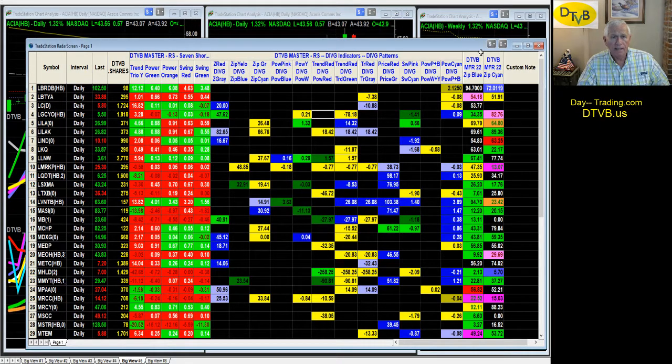You obviously have scans, and scans will do the same thing. It takes a couple of minutes to run each scan, whereas the radar screen is instantaneous. It tells you what's happening right now live. But either way you want to use it, both the radar screen and the scanner are very powerful tools that TradeStation has come up with.